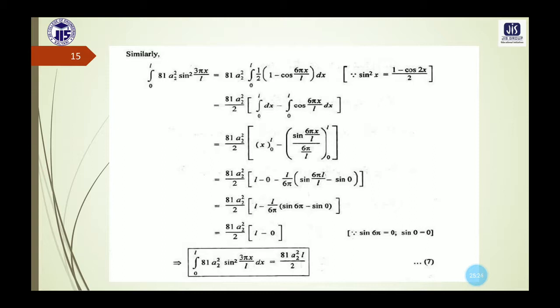After several steps we are getting the final value of this integration, that is the integration 0 to L of 81 a2 square sine square 3 pi x by L dx. This we are getting as 81 a2 square L by 2. So this is our equation number 7.